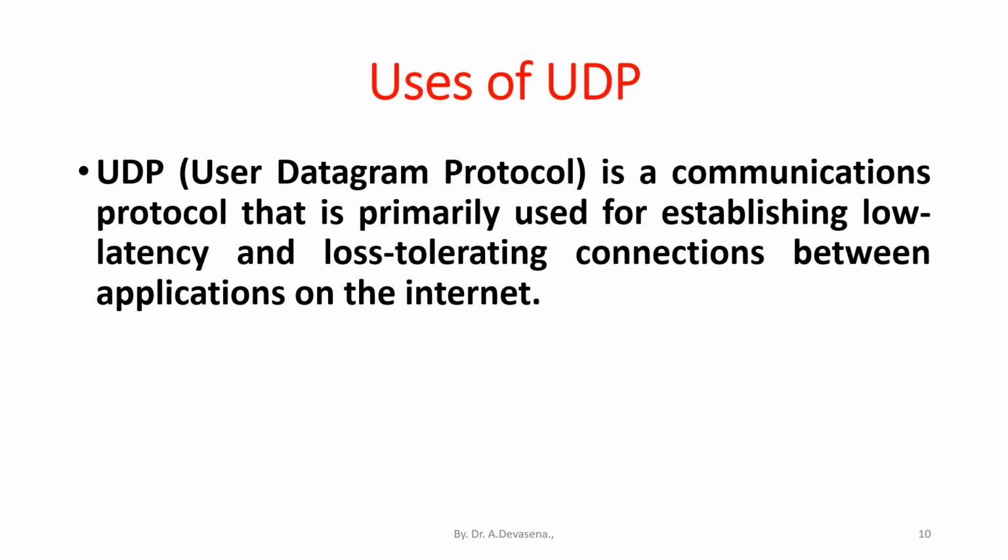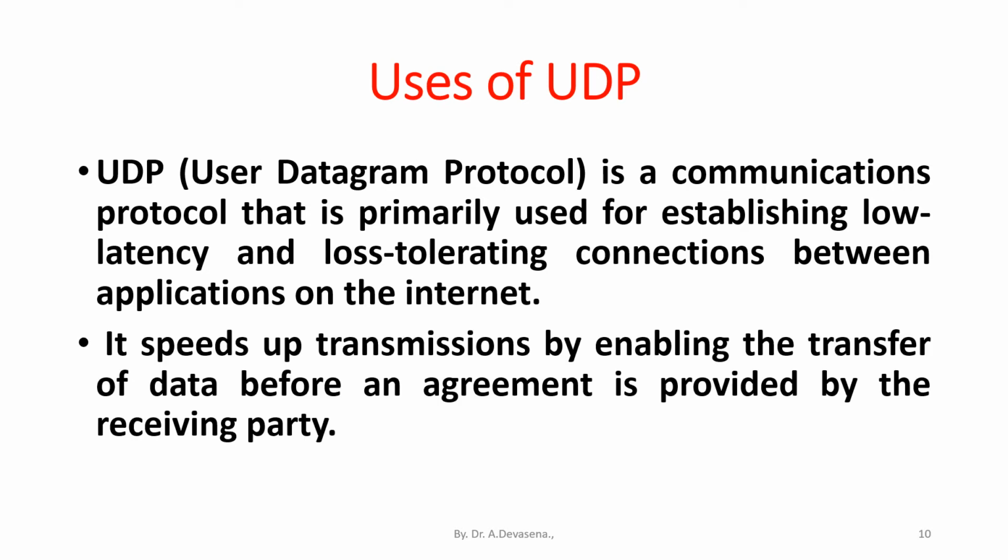UDP, that is User Datagram Protocol, is a communications protocol that is primarily used for establishing low latency and loss tolerating connections between applications on the internet. It speeds up transmissions by enabling the transfer of data before an agreement is provided by the receiving party.